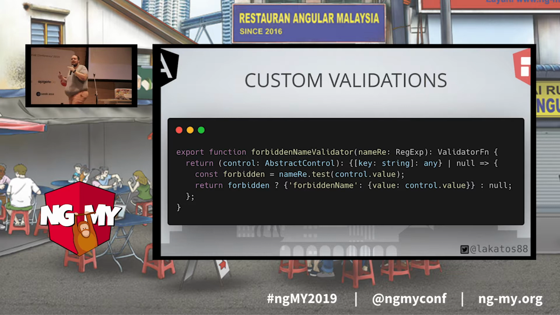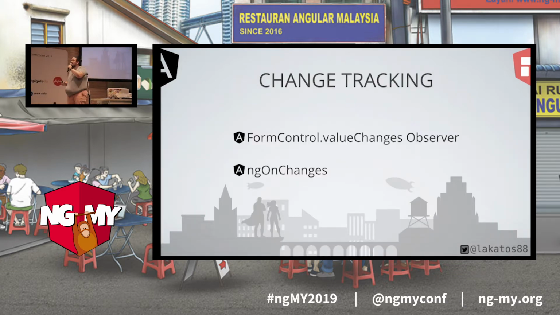So we saw how validation works. And when you compare it to template forms, it already gives you an advantage. And that's custom validation, which you can't really do with the other one. What happens when you want to do change tracking? I think this is where reactive forms kind of win it for me overall, even if everything else stayed the same. The fact that I could use the form control valueChanges observer and ngOnChanges is what makes it worth it for me.